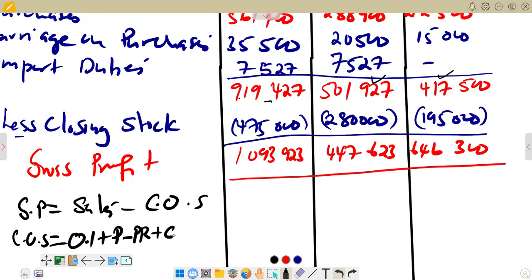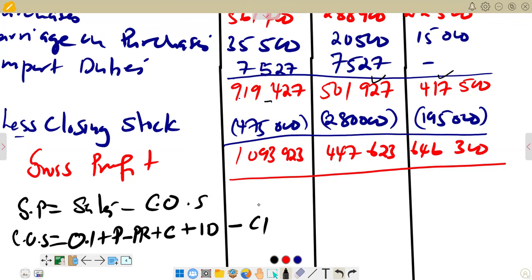You add your carriage, and then you are also supposed to add your import duties if they are there. And finally, you subtract your closing stock or closing inventory. Here I am using the term inventory, meaning the same thing, closing inventory.